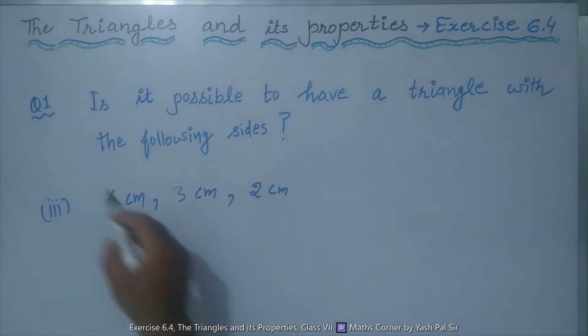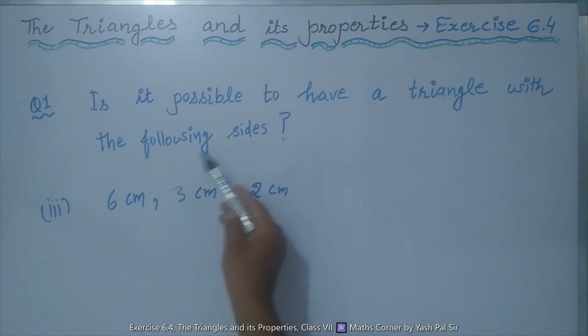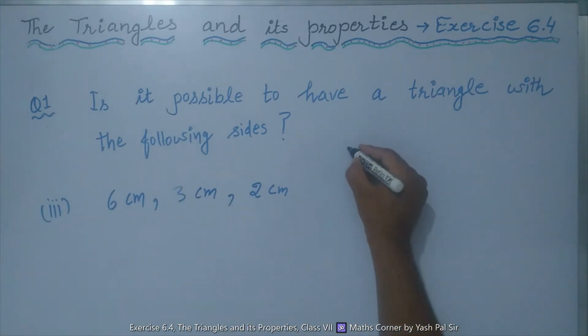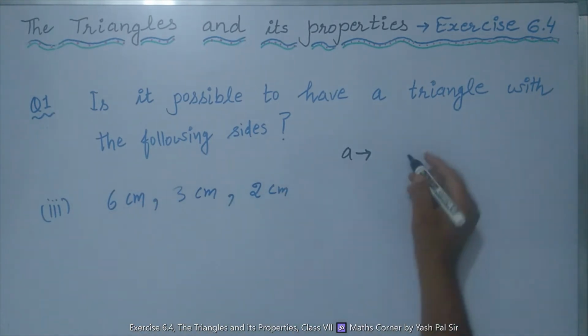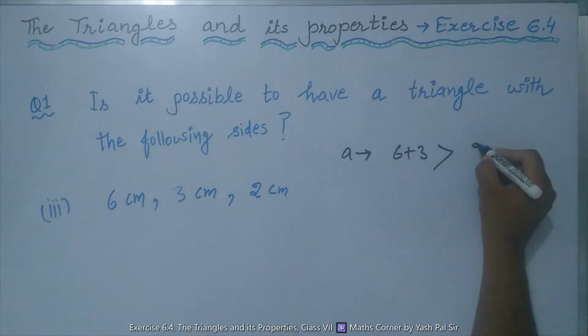Third part of the question number 1, is it possible to have a triangle with the following sides: 6 centimeter, 3 centimeter, 2 centimeter? So again, first of all, we have sum of 6 and 3. This is greater than 2 centimeter.